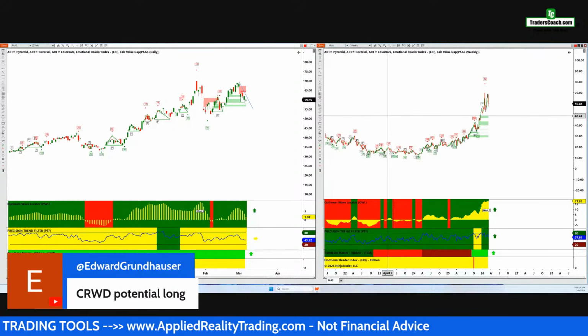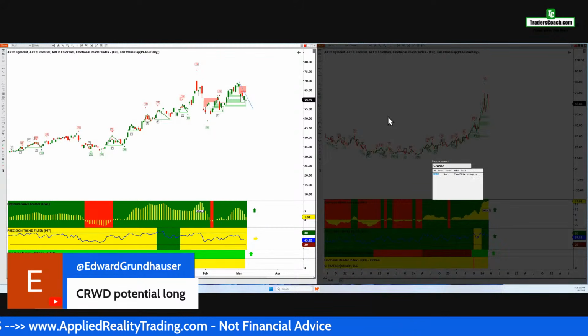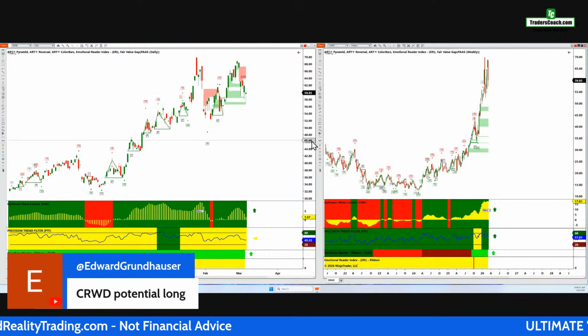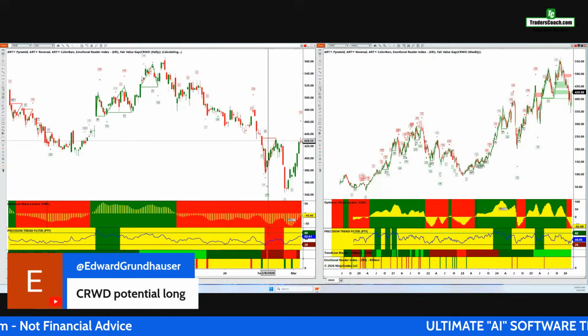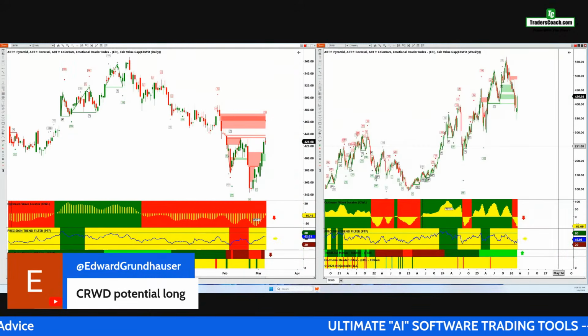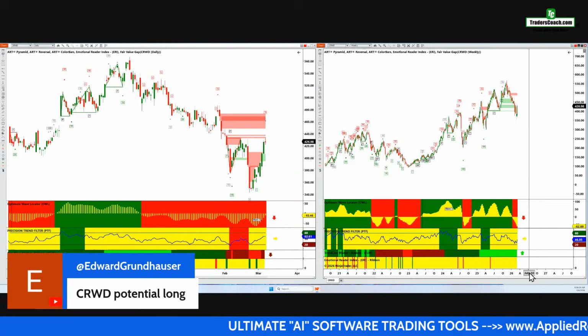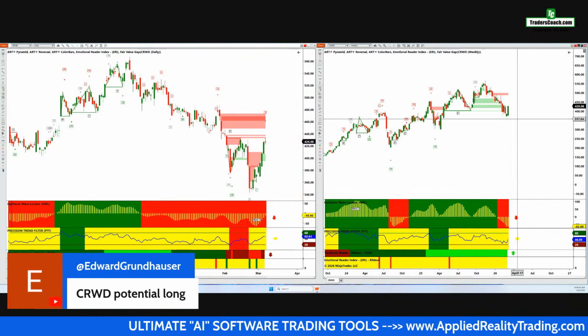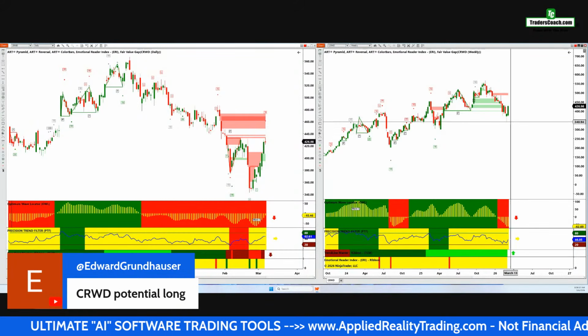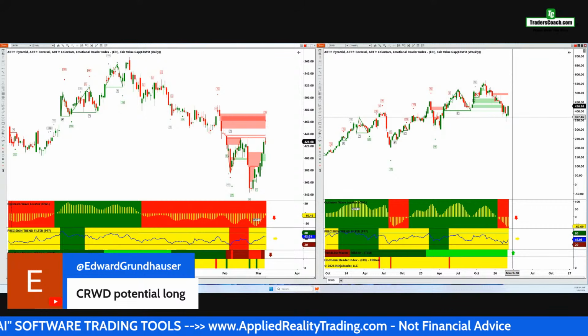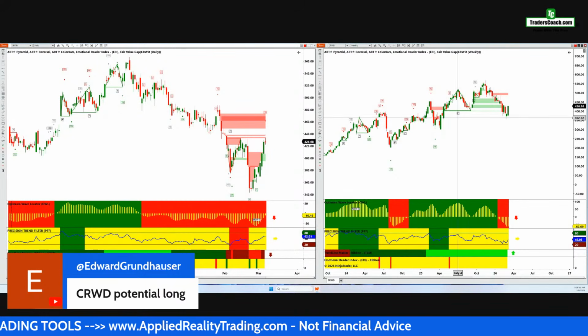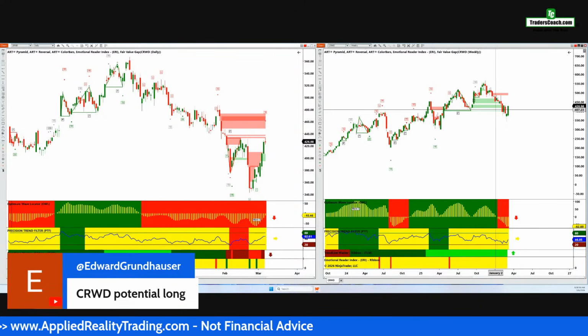All right, CRWD. Let's take a look at that. All right, Ed, let's see what we got cooking here. We've got a pivot point here after taking a little liquidity out there and there.